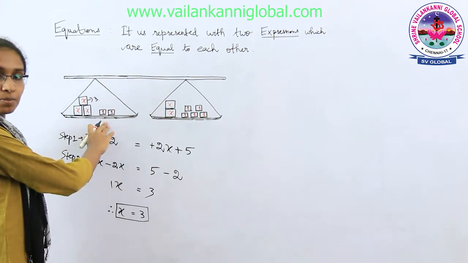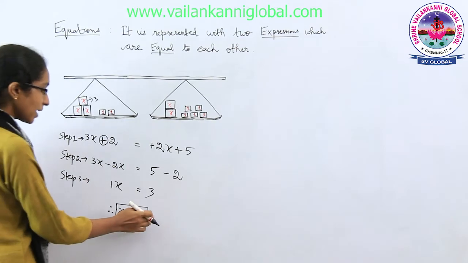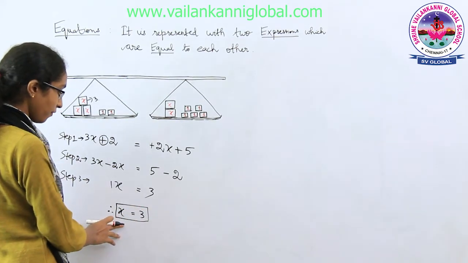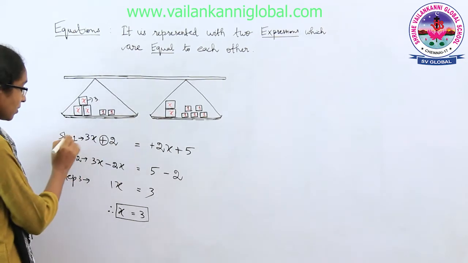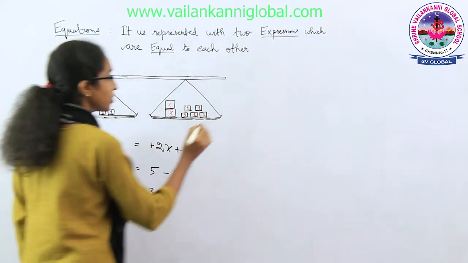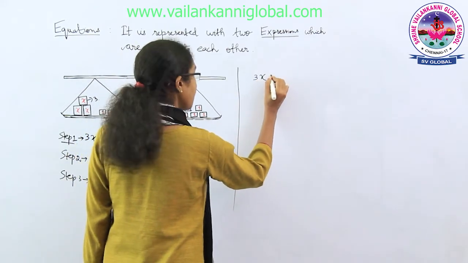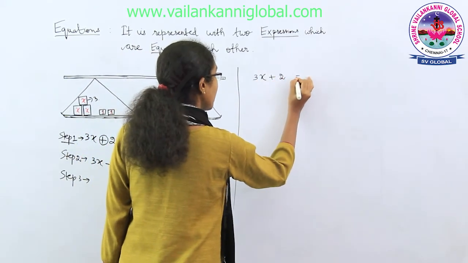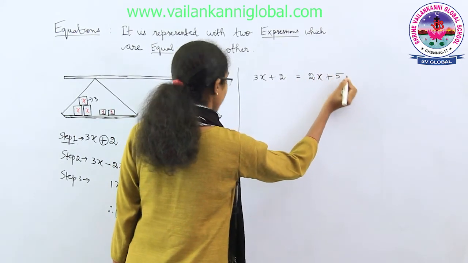So to find out whether what we have done is correct, to check the answer, we can substitute the value of x equal to 3 in the equation we found in step 1, which is 3x plus 2 equal to 2x plus 5.